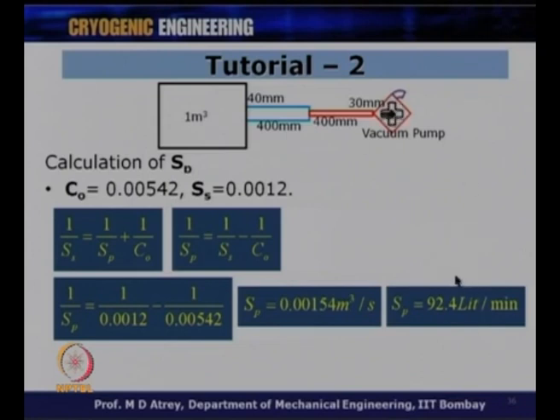This gives me the first calculation for a given pump. If I want to do vacuuming from a given P1 to P2 in 1 hour, with such connections, I should have a pump of capacity 92.4 liter per minute. This is the way we do the initial calculations, and then put in all the reality factors in order to decide which pump I should buy.